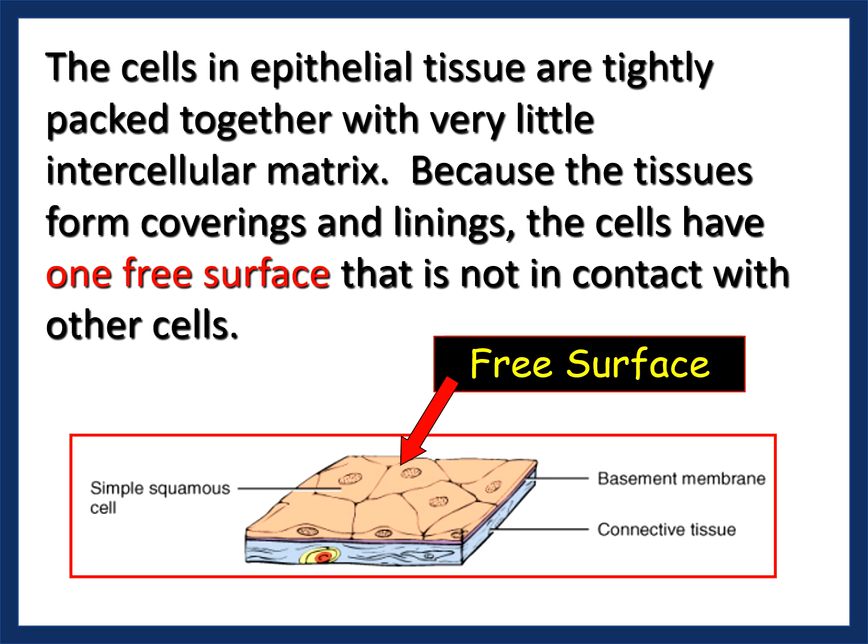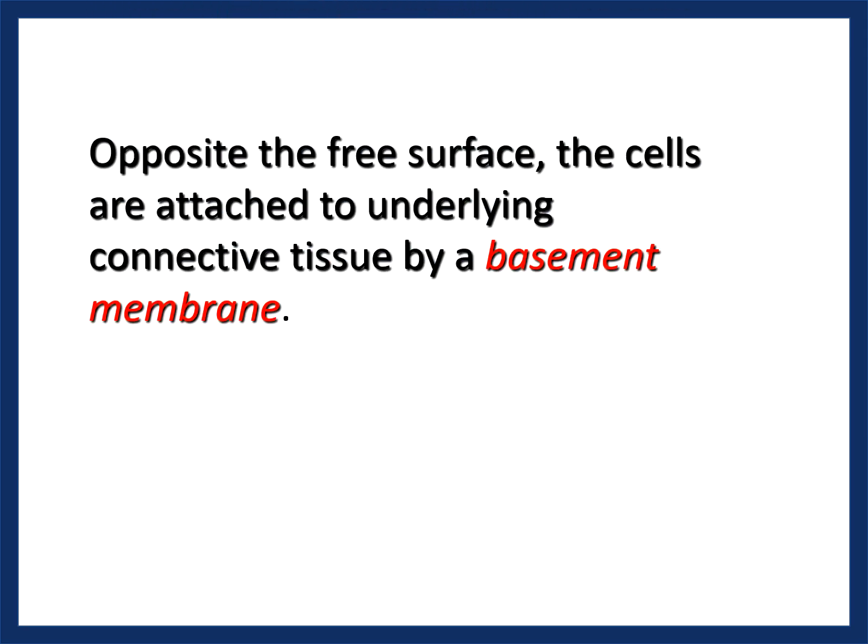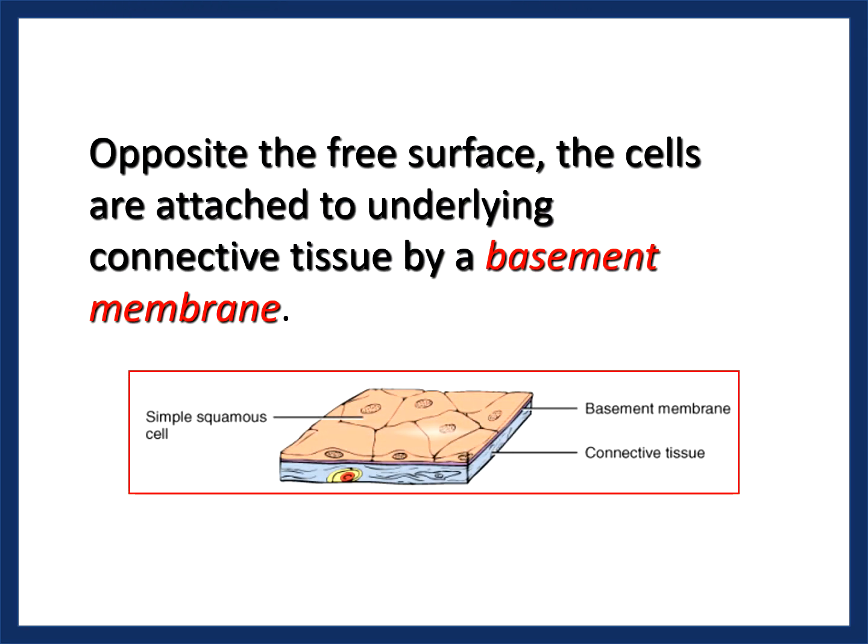And because they are forming those coverings and linings, there's going to be one free surface that does not come into contact with other cells. So that is the apical surface. And then opposite to that free surface, the cells are going to be attached to the underlying connective tissue by a basement membrane.